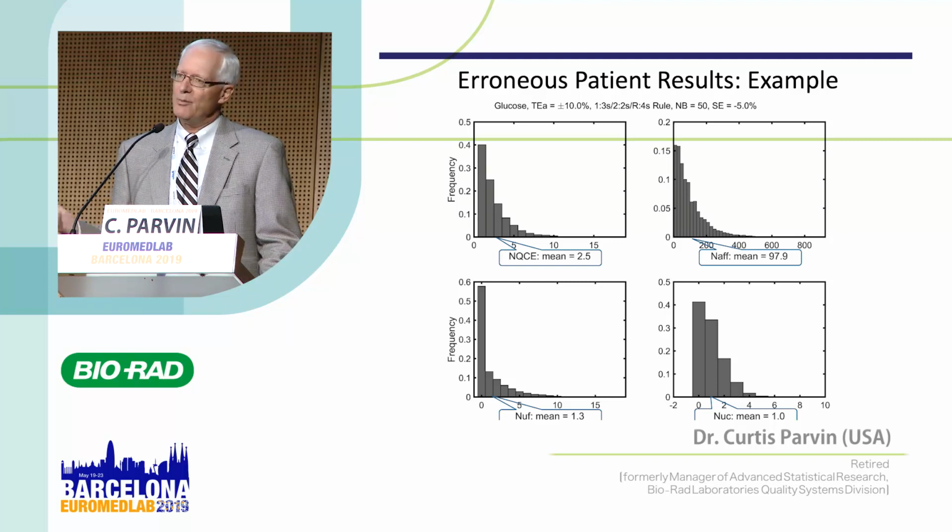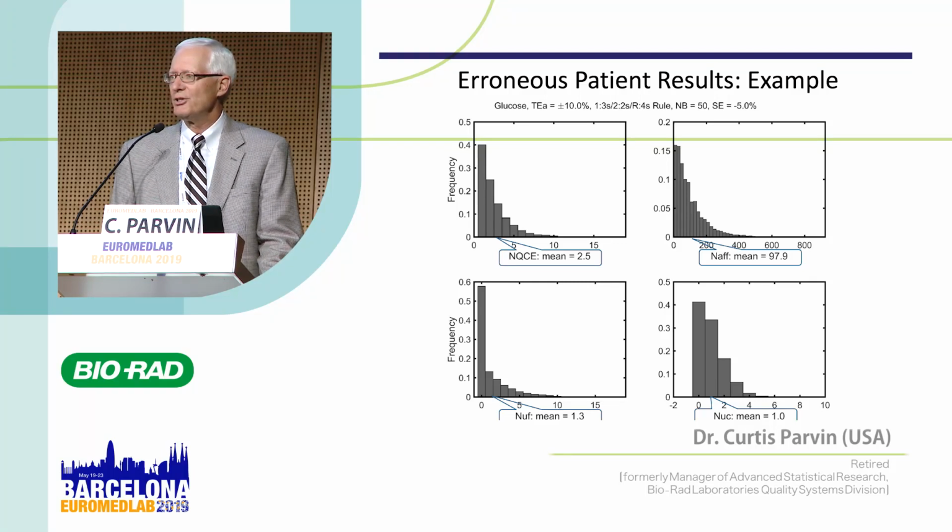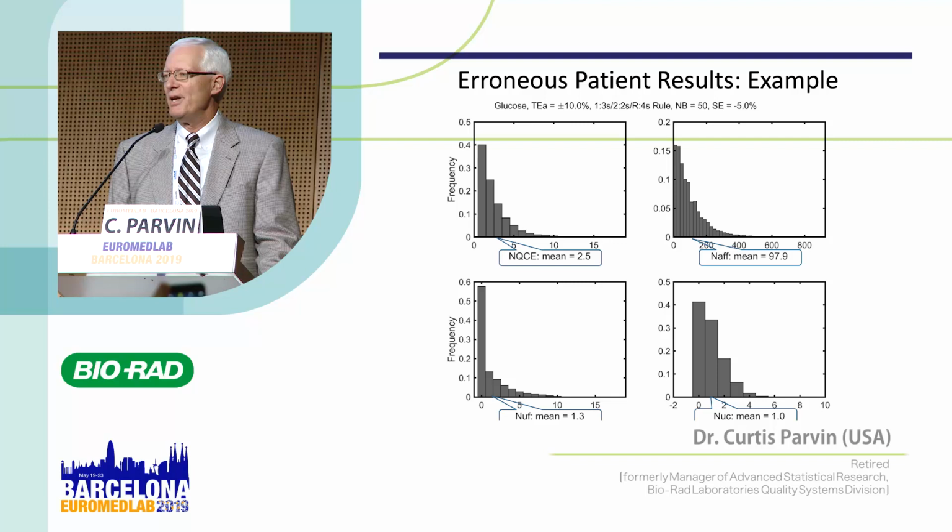Of particular importance to us in this talk will be ANPED, the average of the distribution in the upper right panel, the average number of patient results affected by the out-of-control condition, and ENUF, which I refer to as enough, which is the expected number, the average number of erroneous results reported that are final, that create hazardous situations for the patient.